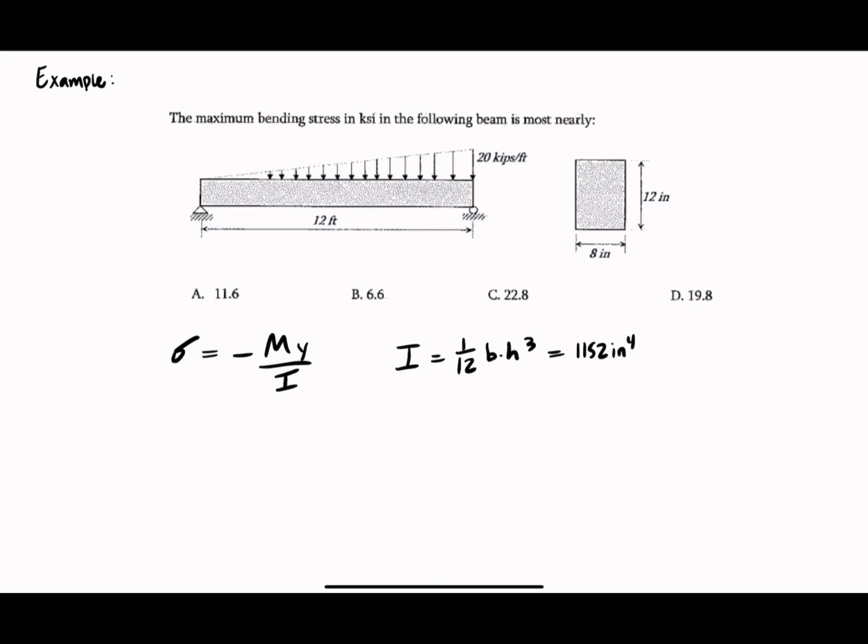Now, the question asks for maximum bending stress. And we know that maximum bending stress occurs at the extreme fibers, and we also know that the neutral axis for a rectangular cross section is in the middle. So we know that our y distance, if we're trying to get to the extreme fiber, should be 6 inches.